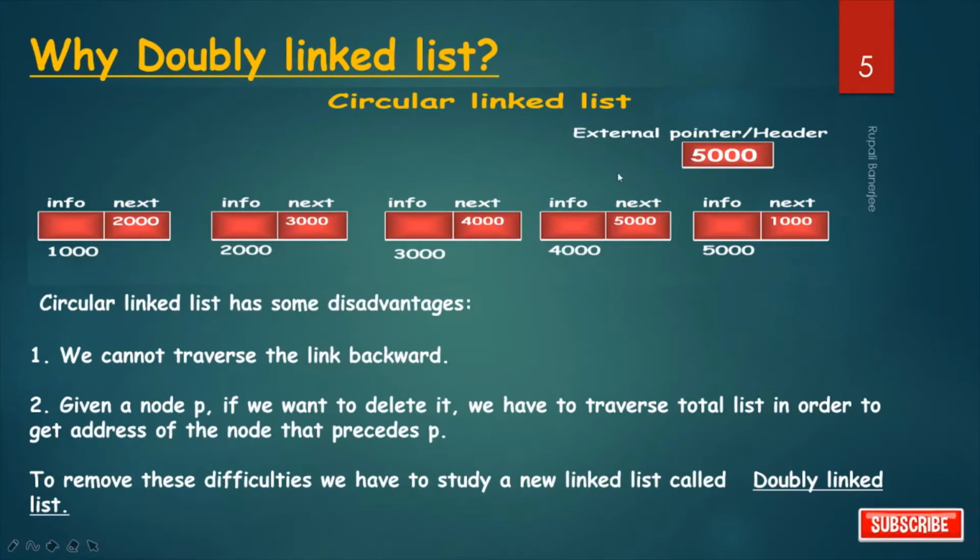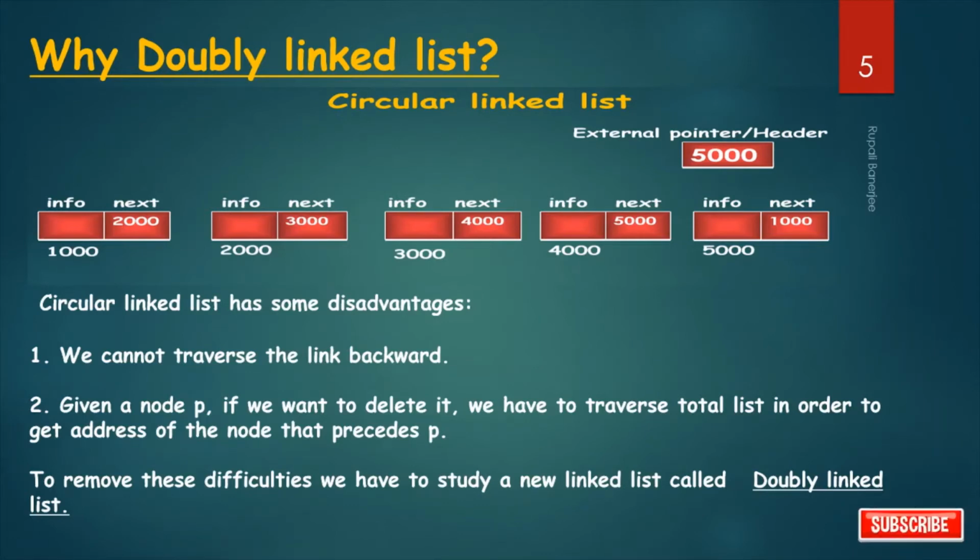I have to traverse the whole linked list till we get the node whose address is 2000 and then I give 4000 to the next part of 2000. So for getting this node 2000, we have to traverse the total list in order to get the address of the node that precedes 3000. That is another disadvantage of circular linked list.